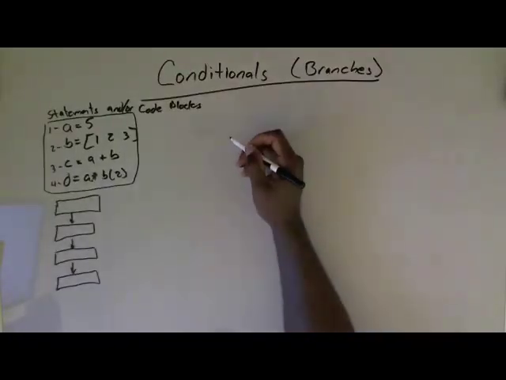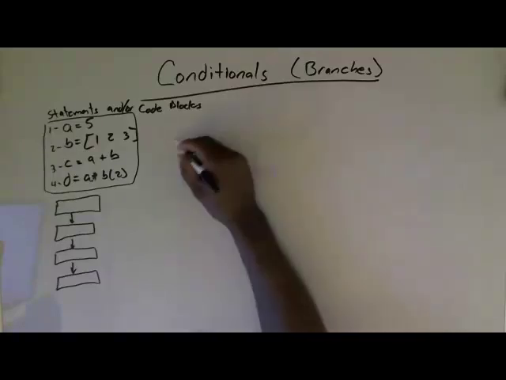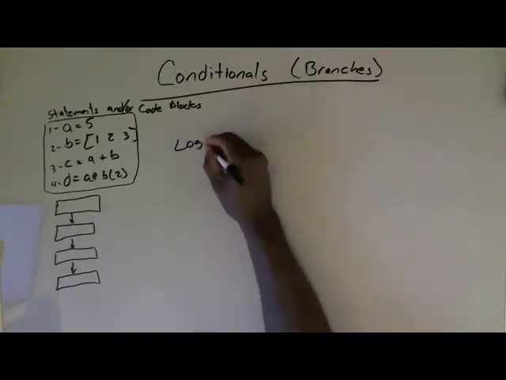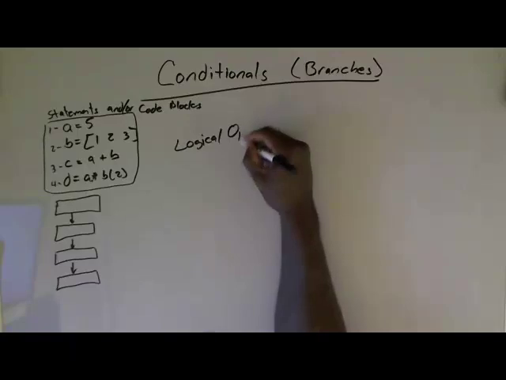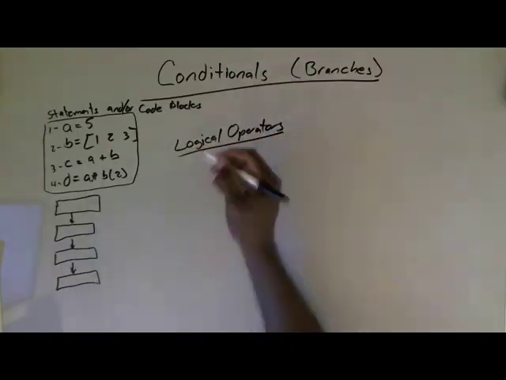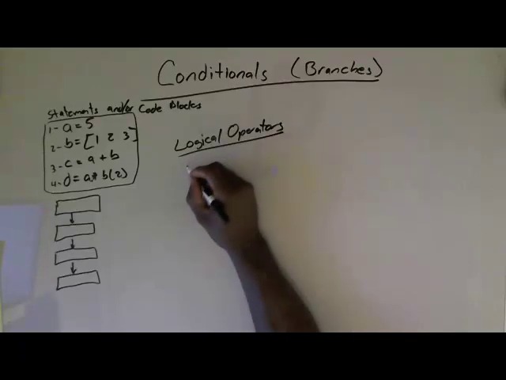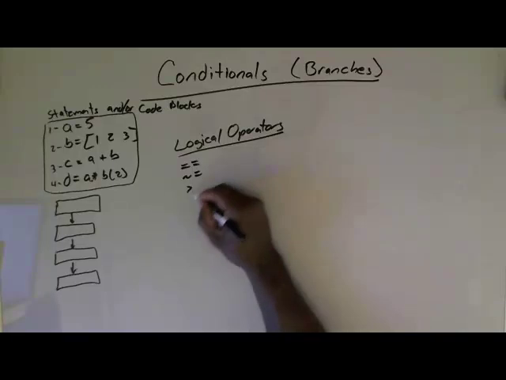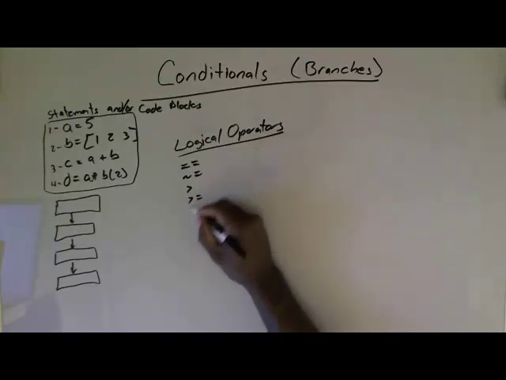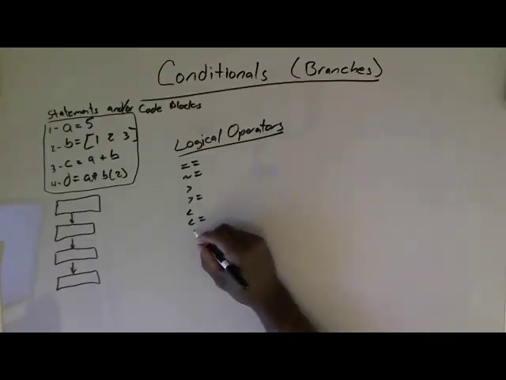We've also talked about logical operators. We spent a considerable amount of time doing that. We can test for equality, inequality, greater than, equal to, less than, equal to. We can negate something. We can do ands.